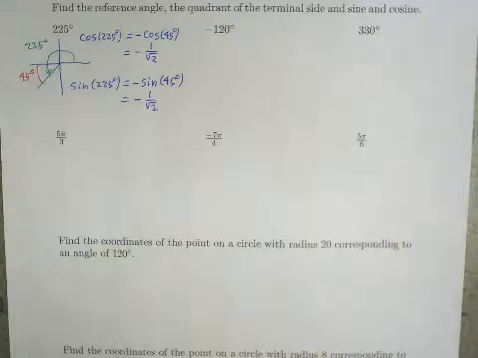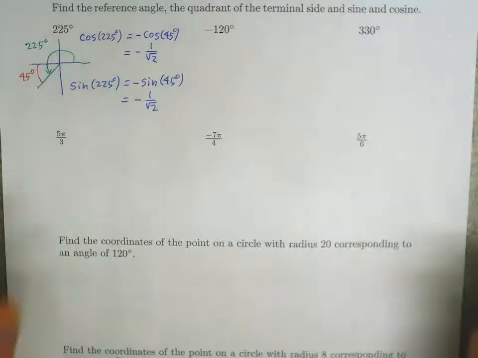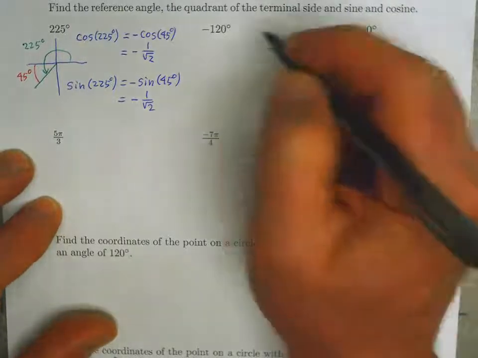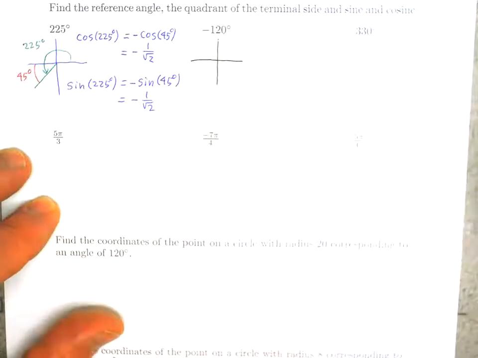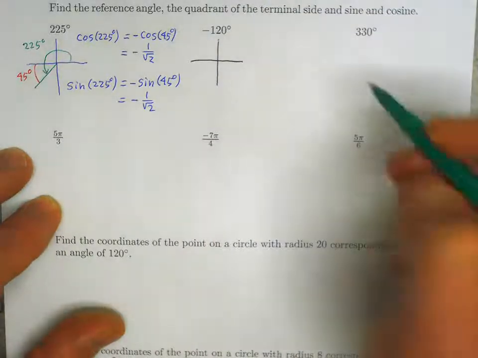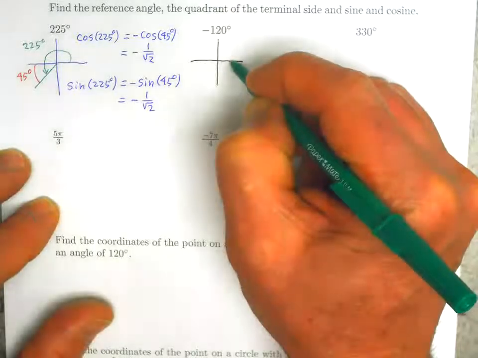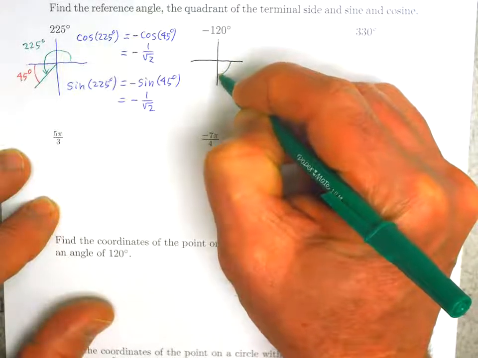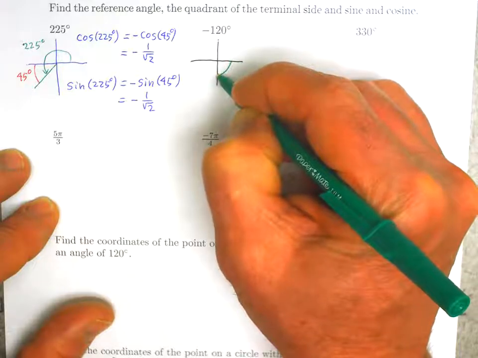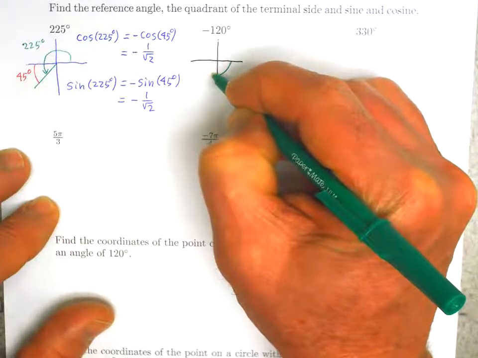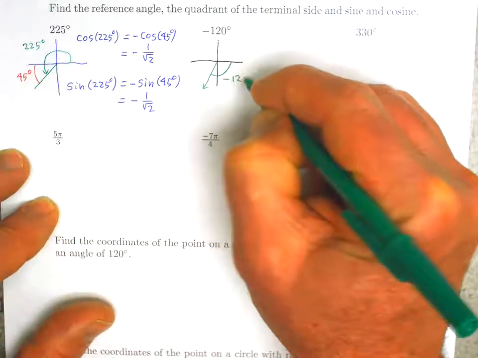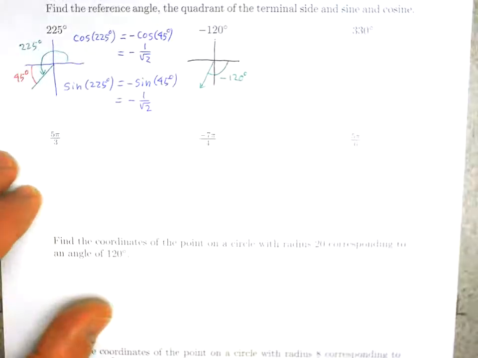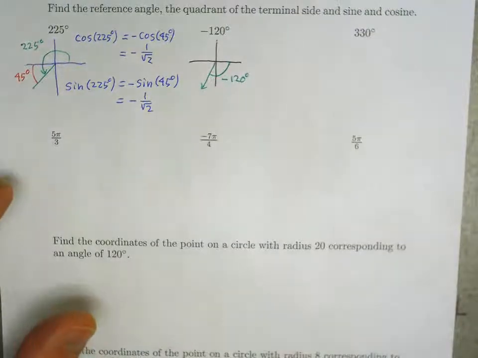Okay, the next angle, negative 120. So what quadrant is that in? Okay, so this time we move clockwise from the positive x-axis. So from here to here, that's negative 90, and then a little bit more, we're at negative 120. So what's the size of the reference angle?